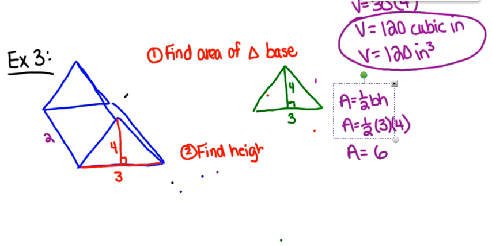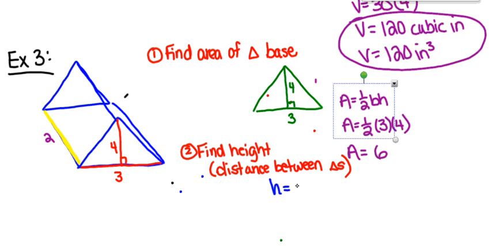And again, remember that height is really the distance between those two triangles. So when I go look at the picture, the distance between the front triangle and the back triangle is 2. That makes my height here equal to 2.